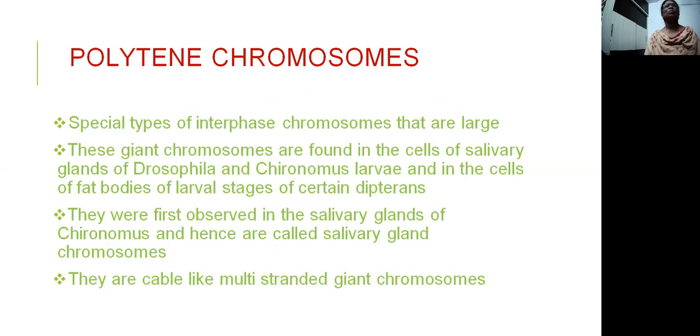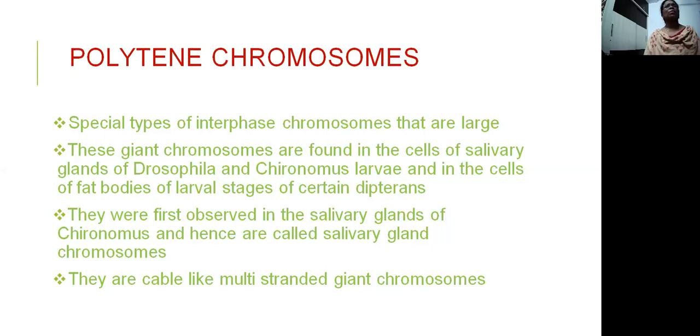These giant chromosomes are found in the cells of salivary glands of Drosophila. First, these chromosomes were observed in Chironomus, a dipteran insect larva, by Balbiani, but he did not call them chromosomes. Later, in Drosophila salivary glands, such chromosomes were also observed.